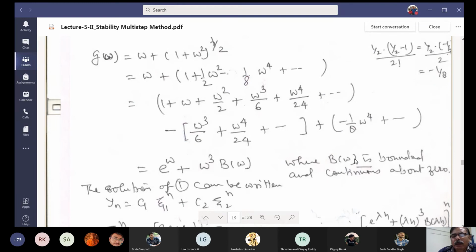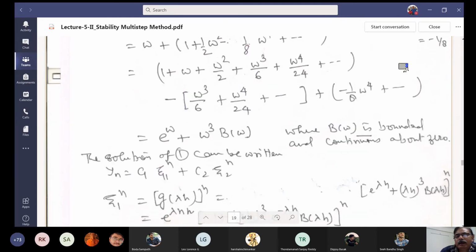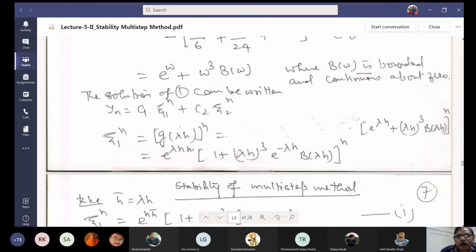It is a function of 1 plus some constant plus w square, and like that it will come, plus or minus whatever it is. Is that right? Yes, sir. So we can write this g(w) as e to power w plus w cube b(w). Similarly, we can write the second root.